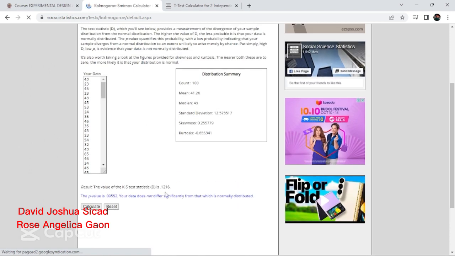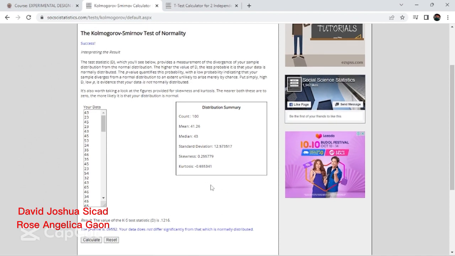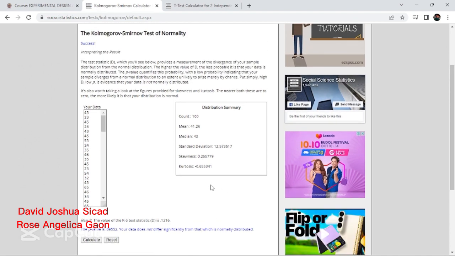In the summary, p is equal to 0.9552. Your data does not differ significantly from a normal distribution. So the second data set is normally distributed.